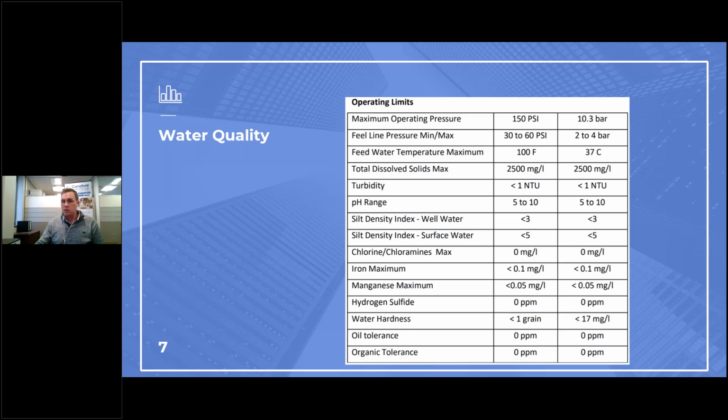Oils and organic tolerances, once again, are 0, as well as free chlorine within the water. We don't want any of that in there whatsoever. Those are all usually pretty well available, regardless of what your testing method is. Whether you're taking your own test, those tests are all pretty easy to find, maybe not the oils. But the one in particular that you might have trouble finding is the silt density index, which is basically a metric that explains the filtration properties of the water, for lack of a better term.